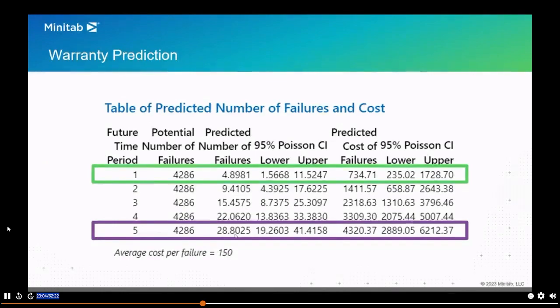If I want to accumulate that further, in the next 5 years, this is the purple box, I predict around 30 failures with a confidence interval of somewhere between 19 and 41 failures. So I could see up to 41 of these fail in the next 5 years. Really, really useful stuff. And again, a lot of times we see more failures than that. This is just a concern because of how dangerous some of these failures could be.